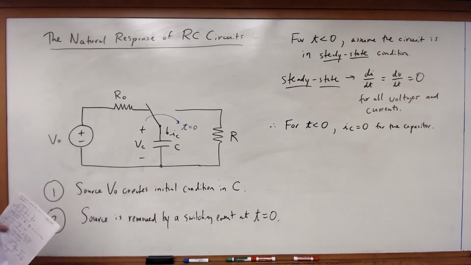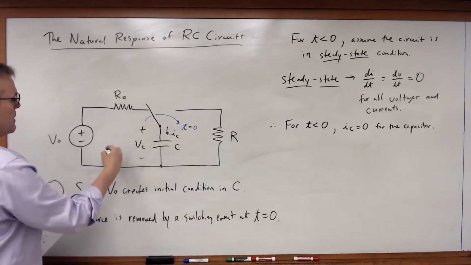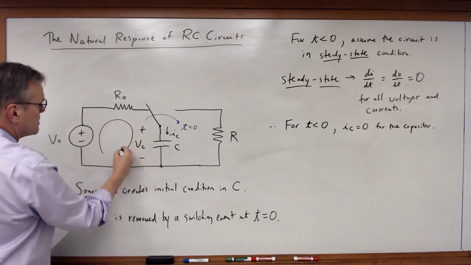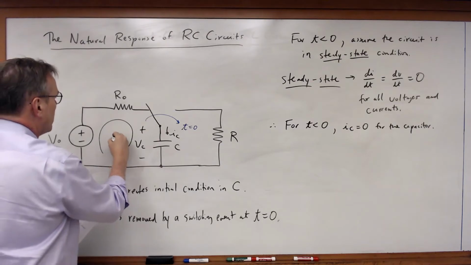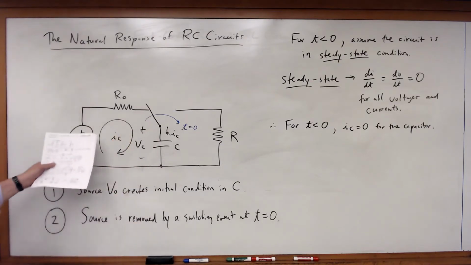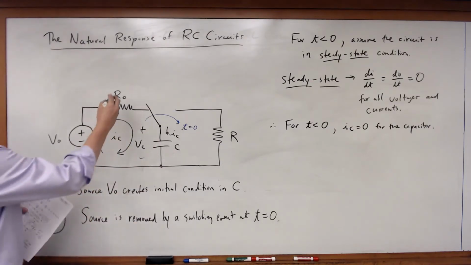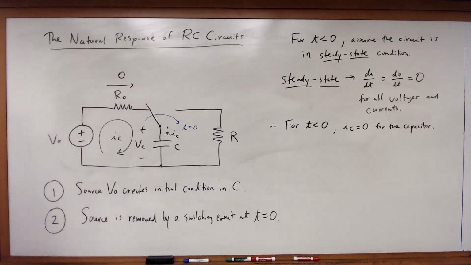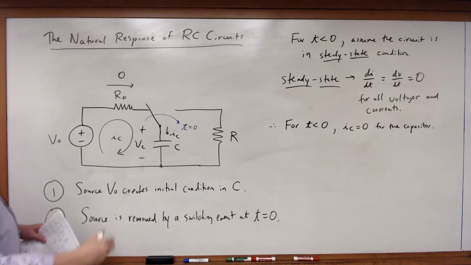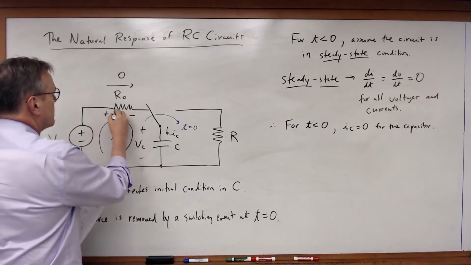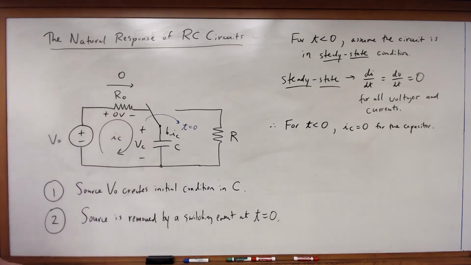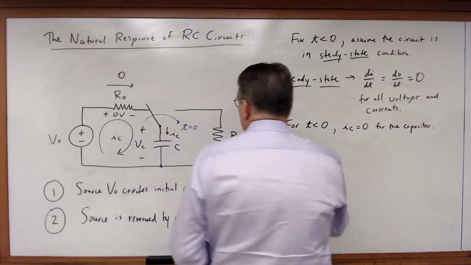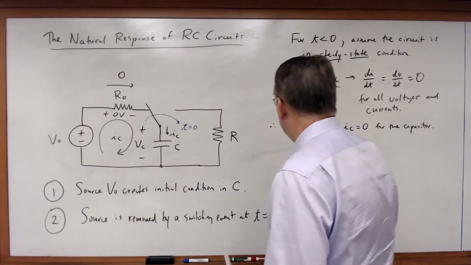So in this case, since the current through the capacitor is the same current flowing around this loop, that means I have 0 amps flowing through this resistor. So in other words, I've got 0 volts across that resistor R sub 0. And if that's the case, then I can write myself a little KVL equation.